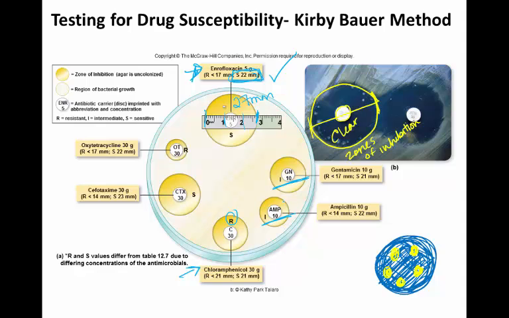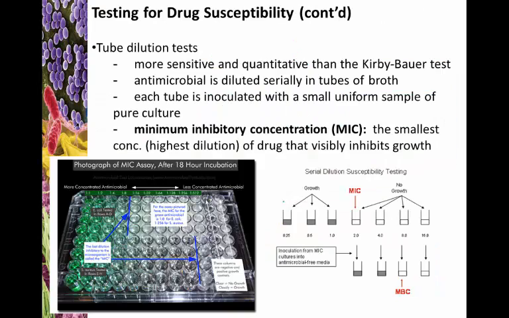Okay? Obviously, those drugs that the organism is resistant to, you would not want to use those particular drugs to help treat your patient. Now, another mechanism of doing this is with what we call a tube dilution test.